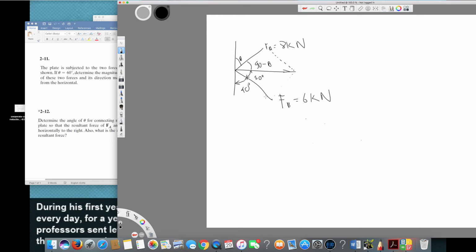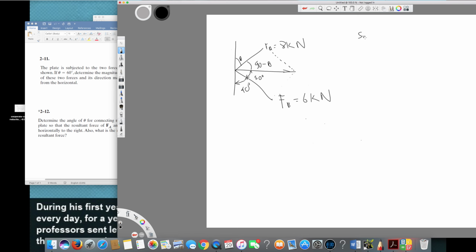So from this we can find out 90 minus theta is 50 degrees. So we can use the sine law to find this angle, 90 minus theta.